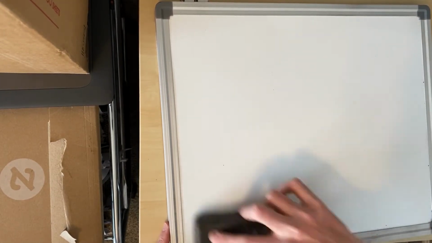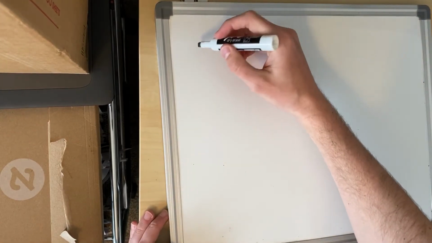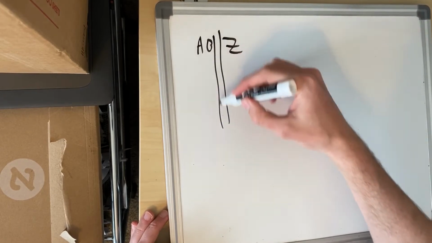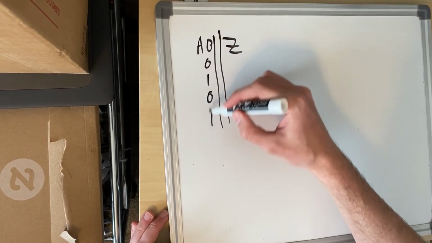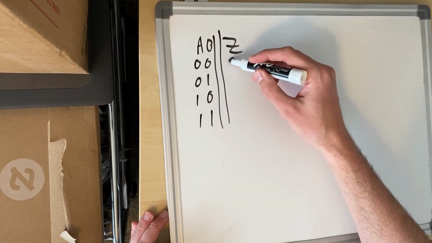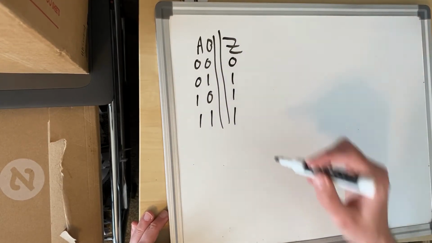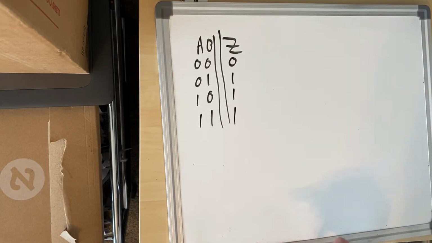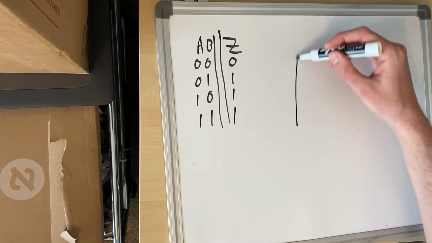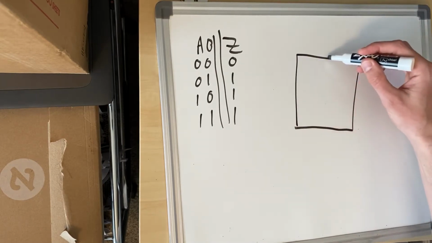So let's do an example. We'll start with a 2 input truth table. We have A, B, and Z. A and B go 0, 1, 0, 1, 0, 0, 1, 1, and let's make Z 0, 1, 1, 1. As we know, that's an OR gate. What we want to do is transfer this to our new K-map.